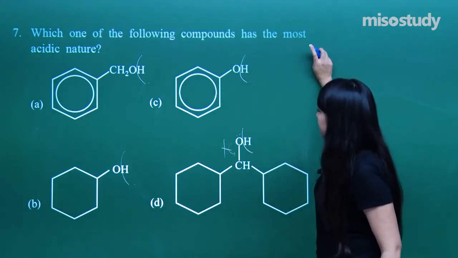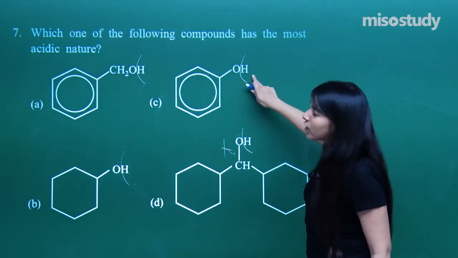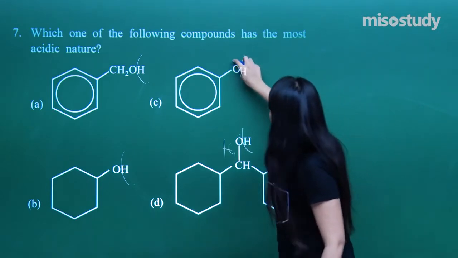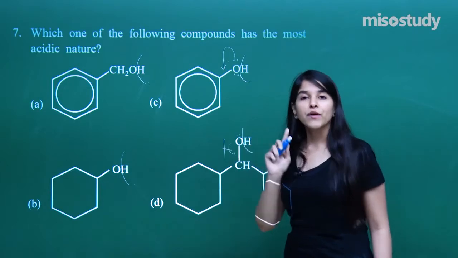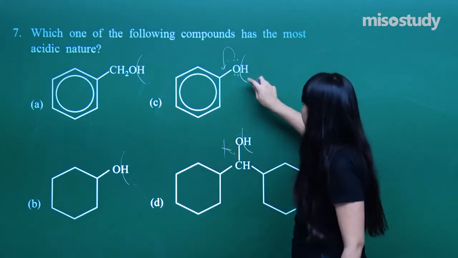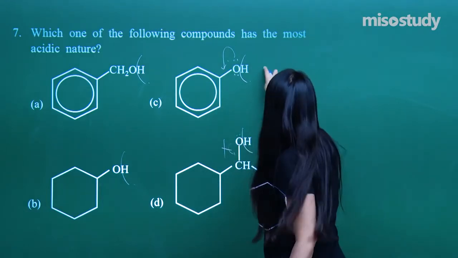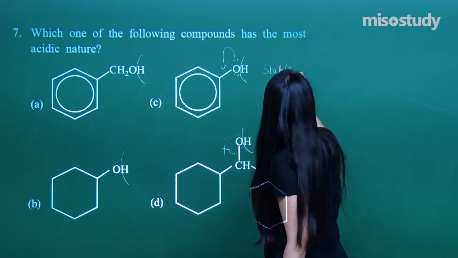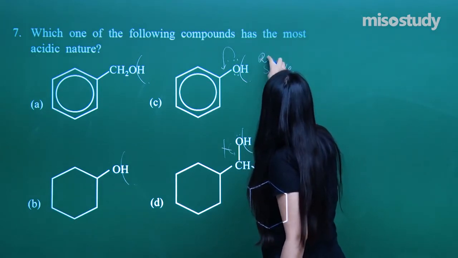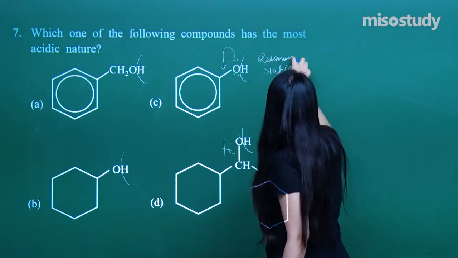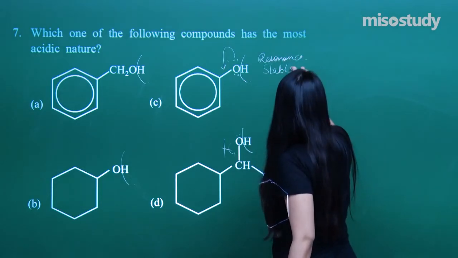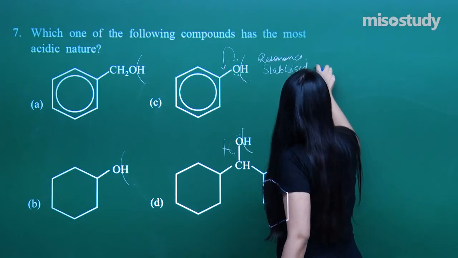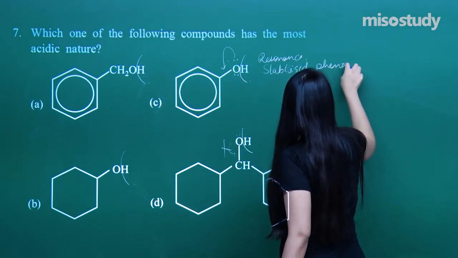Over here if you can see, there is the withdrawing effect of these electrons, and what we get is a very stable phenoxide ion in this case if I lose the H plus. So we have a stable, resonance stabilized phenoxide ion formed.